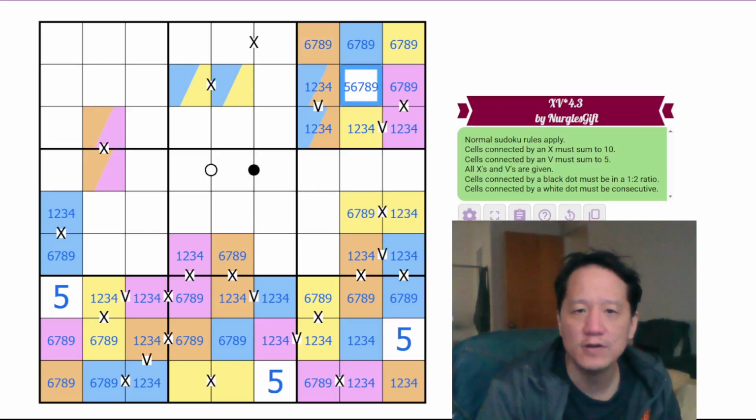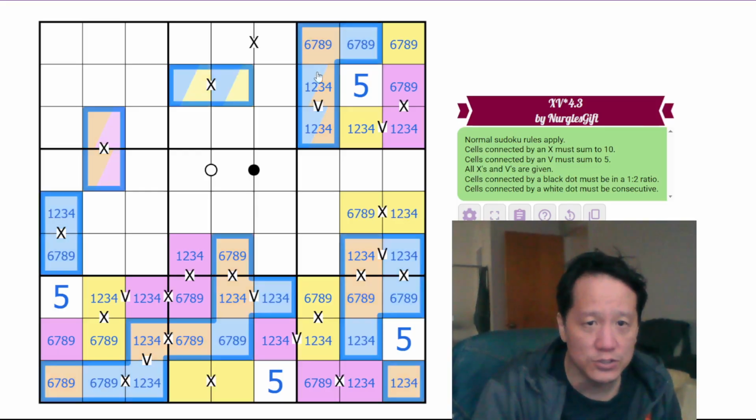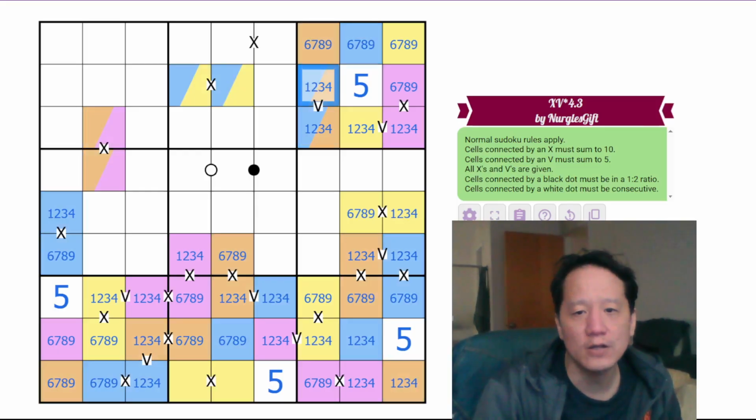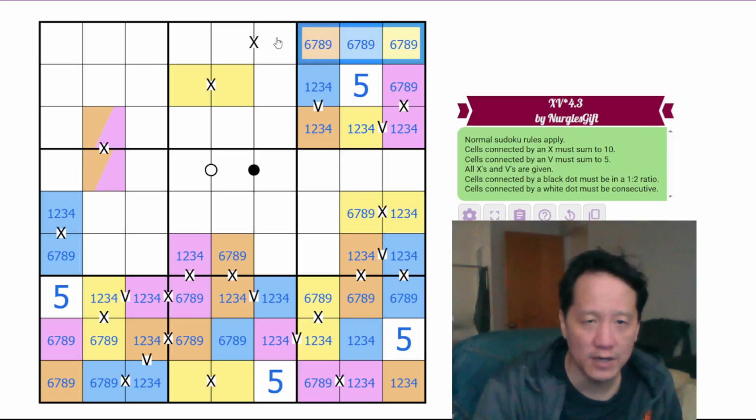be a 5. Well, since this is high orange, and there's no X between these two, this cannot be low orange. This must be low blue, which means this can't be low blue. This is low orange. This low blue means this cannot be a blue pair, so they're both yellow. And this cannot be orange, blue, or yellow because of those high colors there.